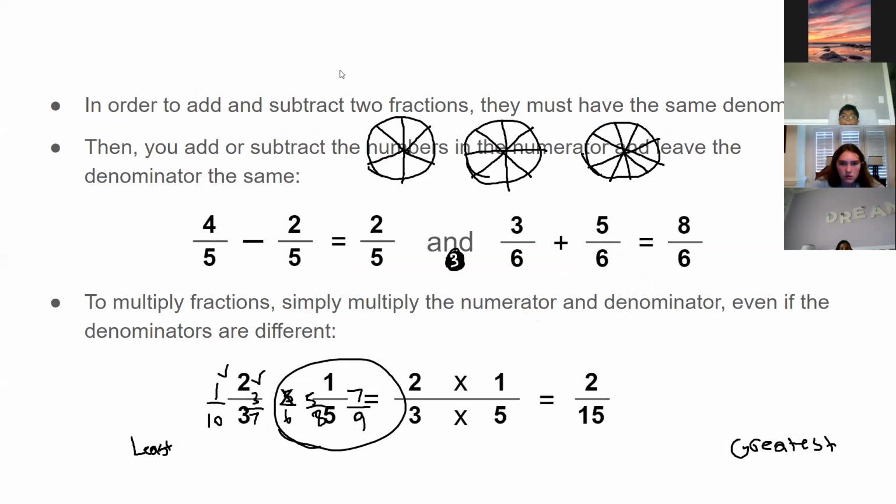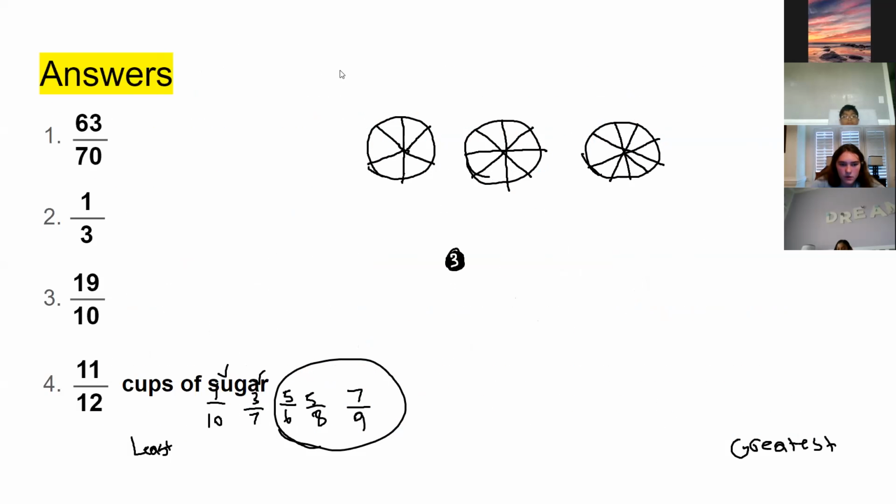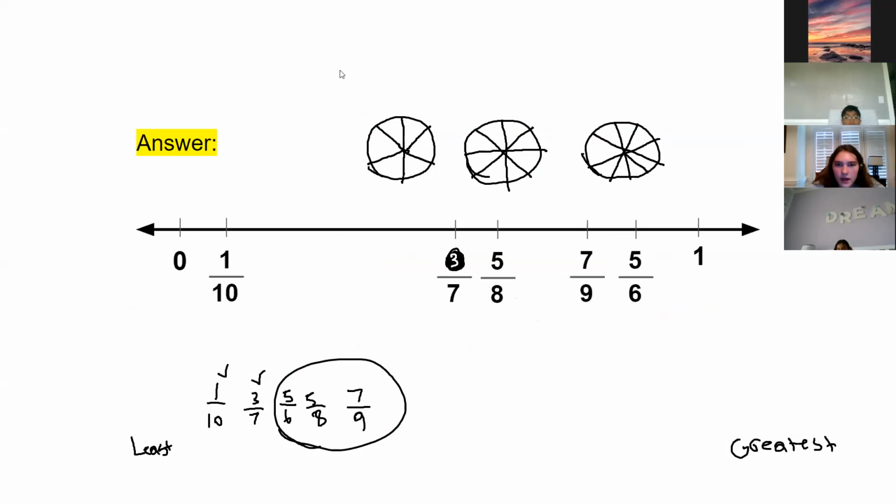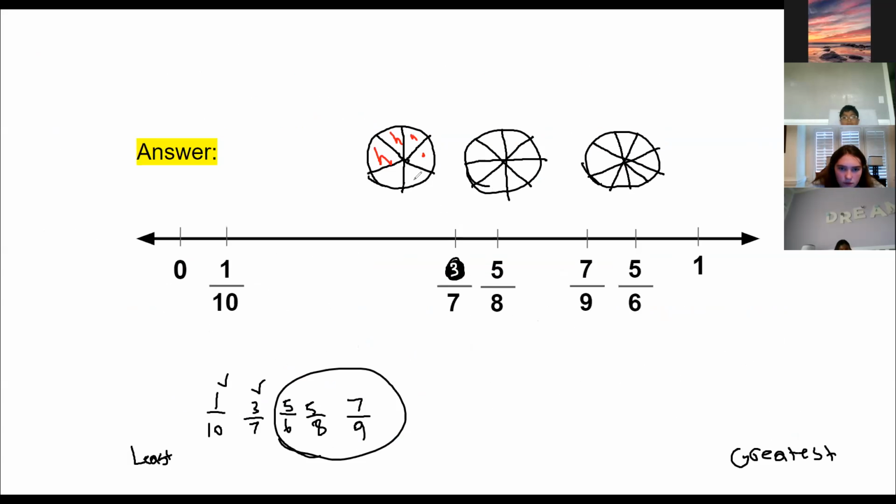So if we arrange, we have 5 6ths, 1, 2, 3, 4, 5. Then 5 8ths, 1, 2, 3, 4, 5. And then 7 9ths, 1, 2, 3, 4, 5, 6, 7.